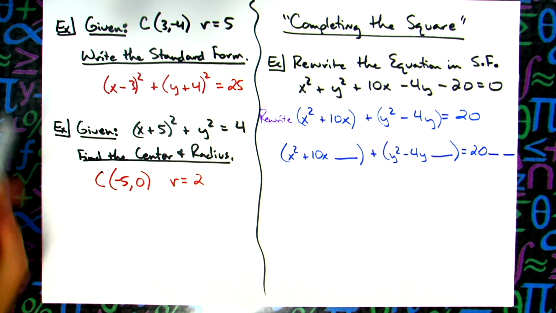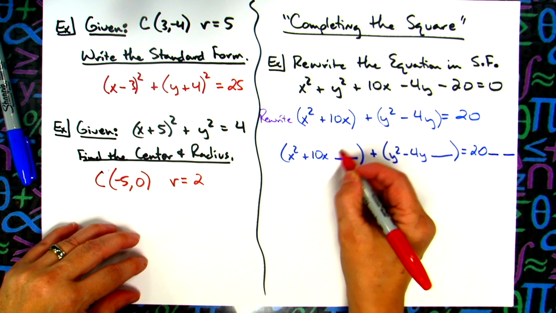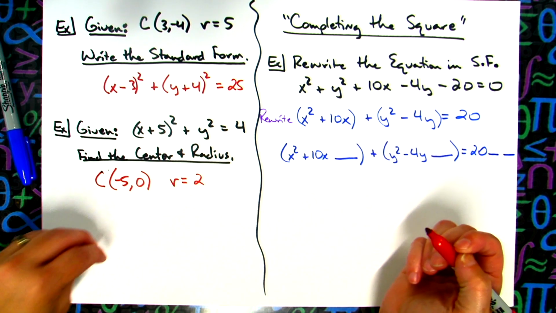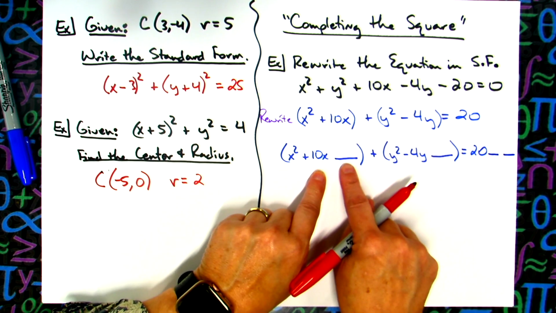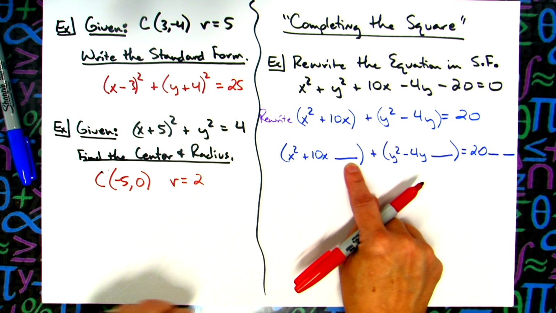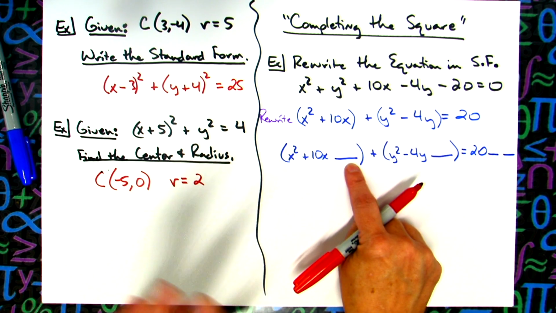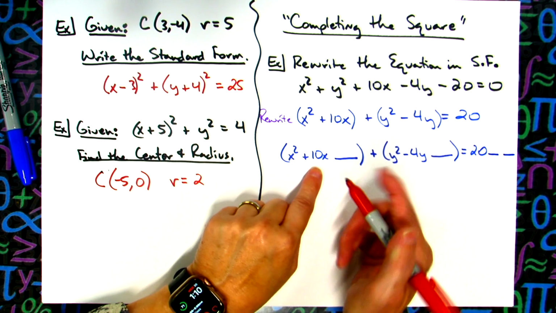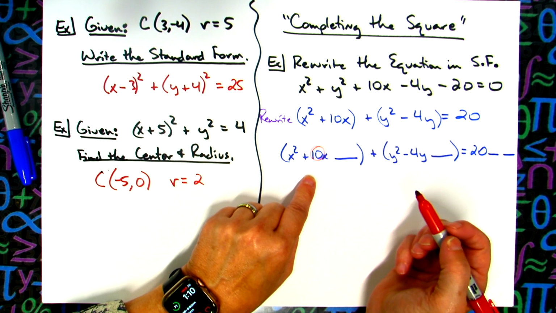Now, shortcut way to come up with what goes here. It's a perfect square trinomial. So when I factor this, I want it to factor into x plus some number, quantity squared, because that's how we factored a perfect square trinomial. So, shortcut: take this number, take half of it.